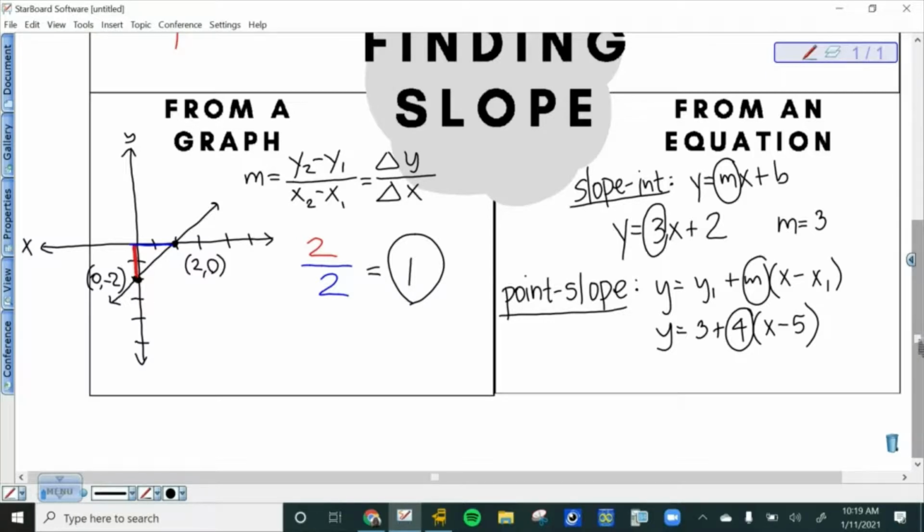Now we're going to look at standard form. Can anyone remember the formula for standard form? Okay, it's ax plus by equals c.